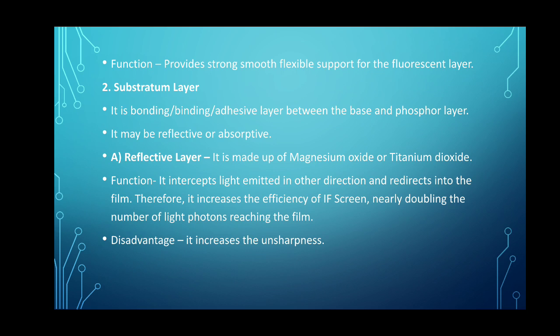It is made up of magnesium oxide or titanium dioxide. Functions: it intercepts light emitted in other directions and redirects it into the film. Therefore, it increases the efficiency of the intensifying screen, nearly doubling the number of light photons reaching the film. Disadvantages: it increases the unsharpness.